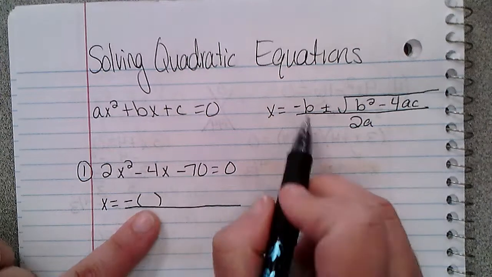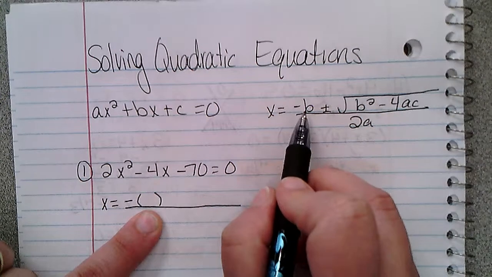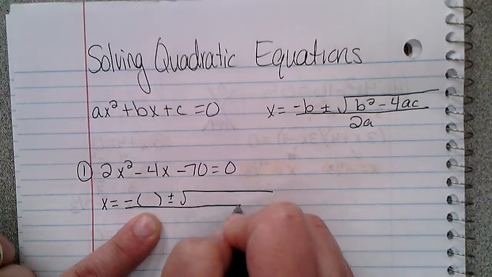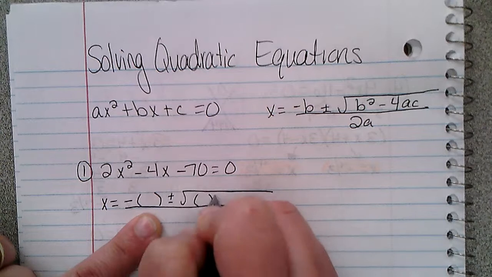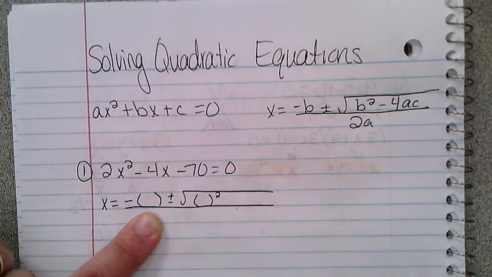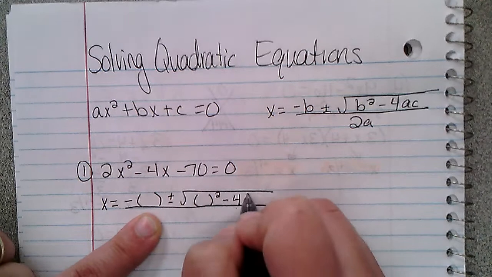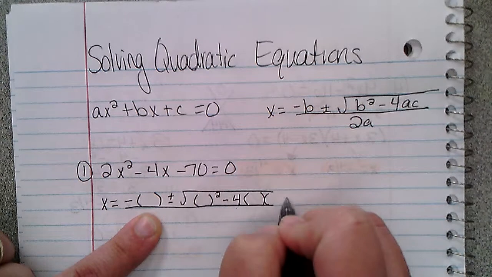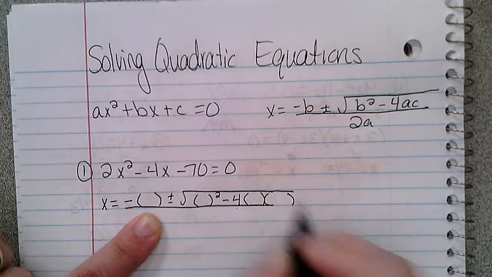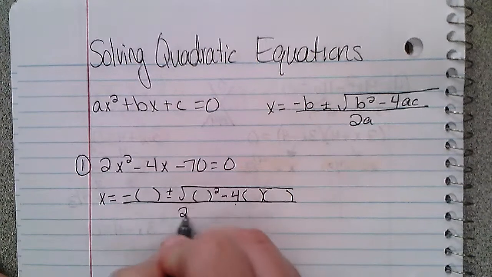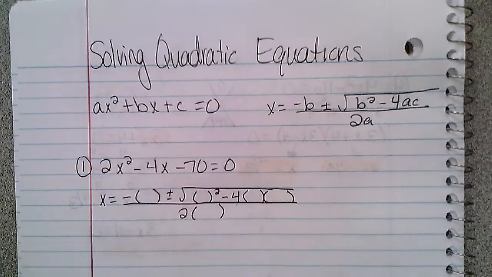So negative b, so that would be parentheses there, plus or minus the square root of, so we've got b again. So we'll put parentheses there, minus 4, there's a, parentheses, so parentheses for a, and then a parentheses for c, and then over 2, and then a parenthesis for a.